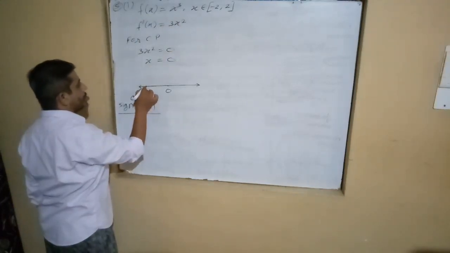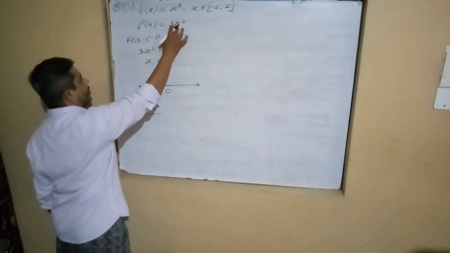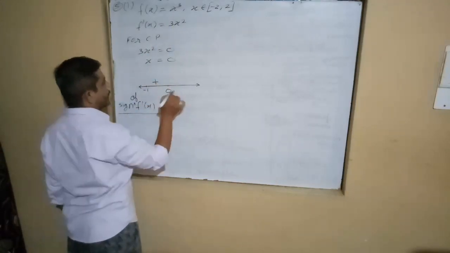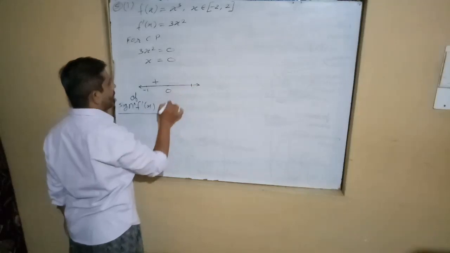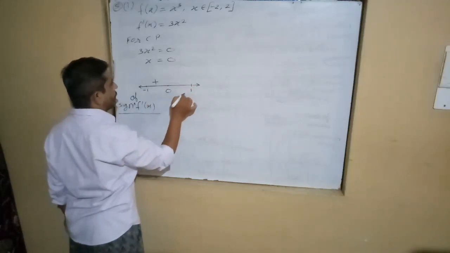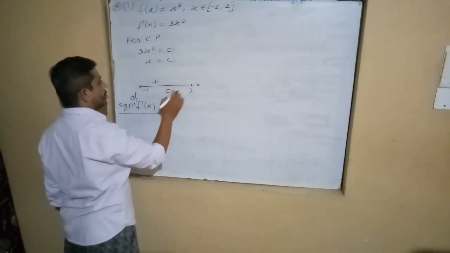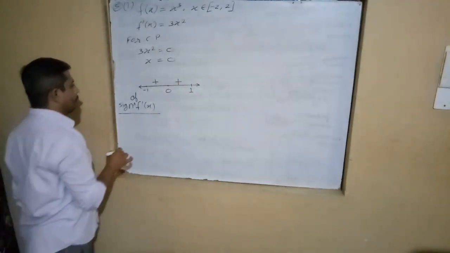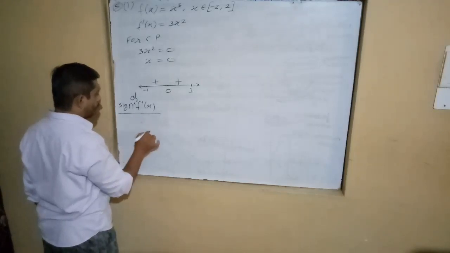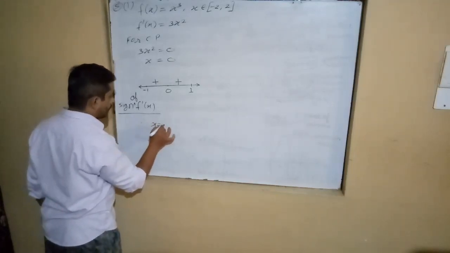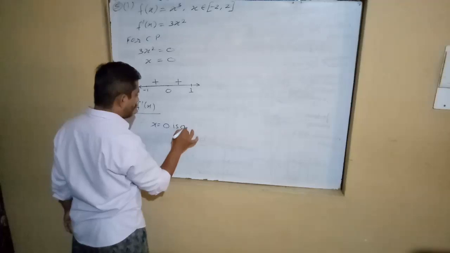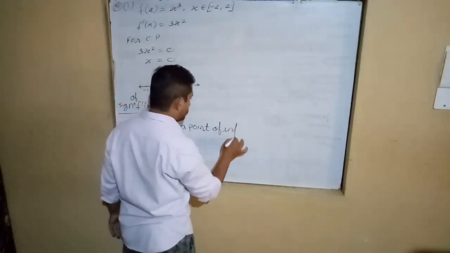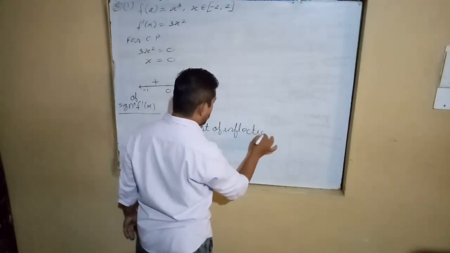When we put the value of -1 here, the value will come in positive form, and when we put a value greater than 0, means 1, again the value we have to find comes in positive form. So we write therefore x is equal to 0 is a point of inflection.